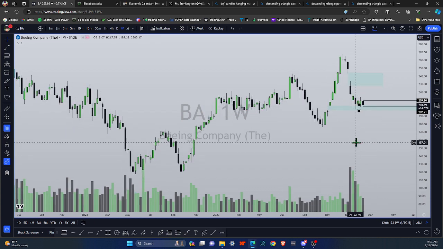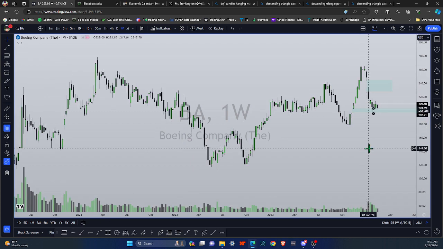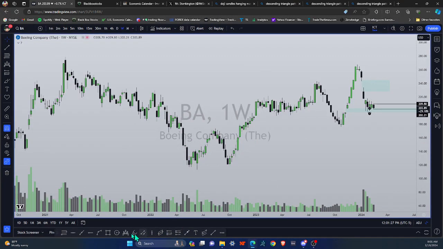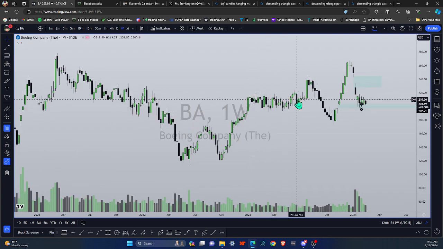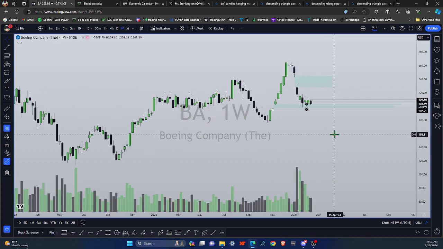What also stood out to me when I was looking through this chart over the weekend is all of this right here. If you're an options trader, this is just going to wreck you, unless you caught a nice scalp on a green move up. This is just going to theta you. Puts on Boeing, yeah.